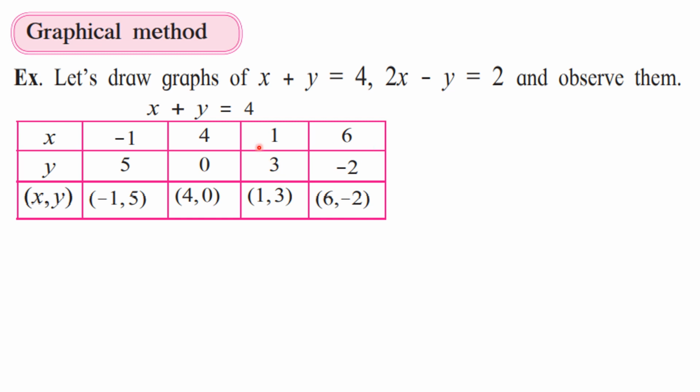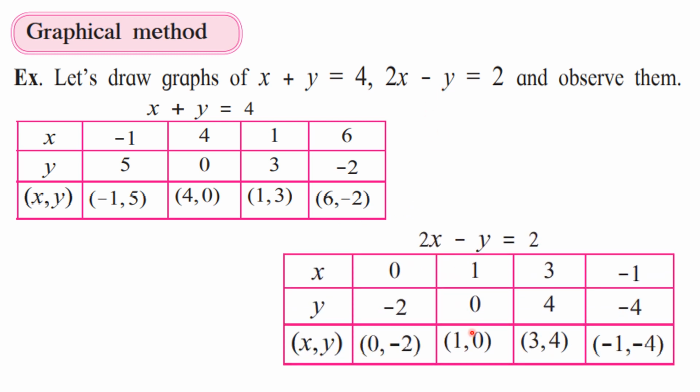Similarly, when we put x equal to 6 here, it is shifted, 4 minus 6, that is -2, we are going to get. So in this way, we got all four ordered pairs. Similarly, you have to find for the second equation: take the values of x, find the values of y, and get the ordered pairs.